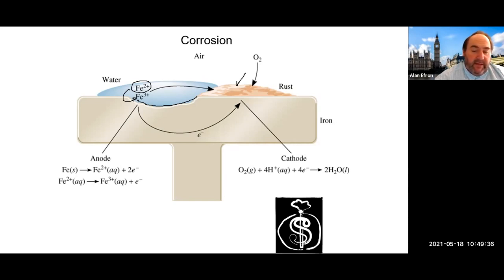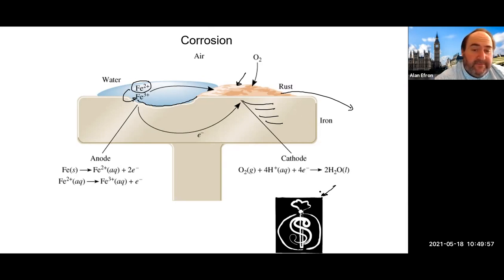Obviously, this layer that forms, which is rust, as we talked about before, can fall off pretty easily, again exposing new metal underneath to further and further corrosion, resulting in a lot of money sometimes to replace certain things that have been corroded out.